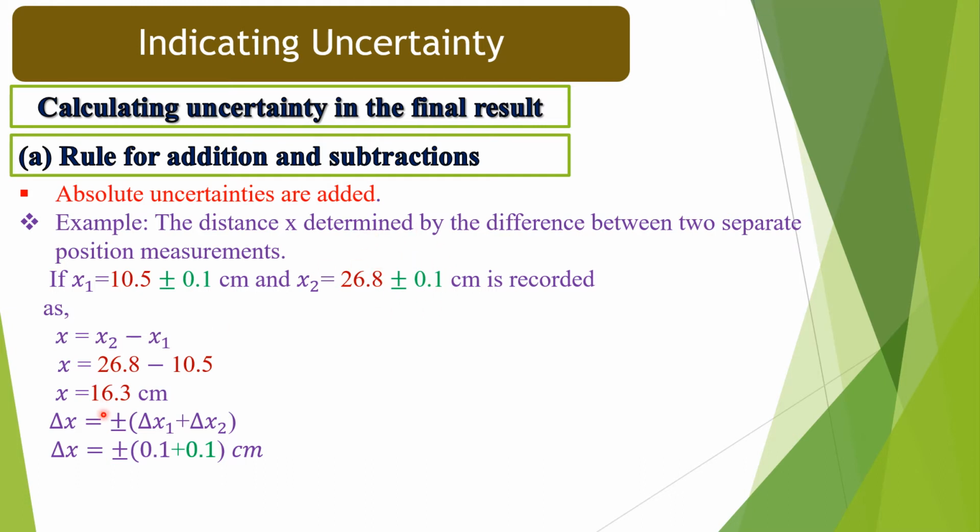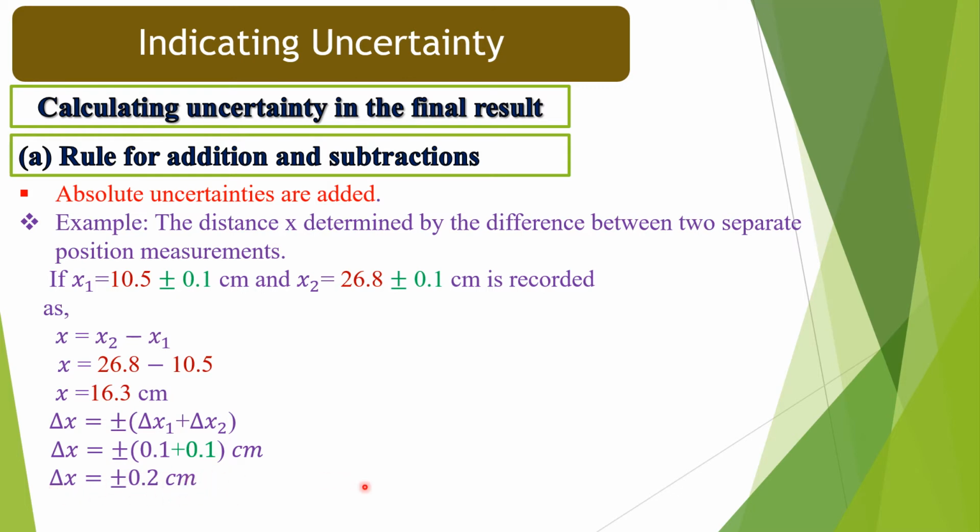So both uncertainties, plus minus delta x1 and plus minus delta x2, are added, and we get total uncertainty in the measurement delta x equal to plus minus 0.1 plus 0.1 centimeter, and finally delta x is equal to plus minus 0.2 centimeter.